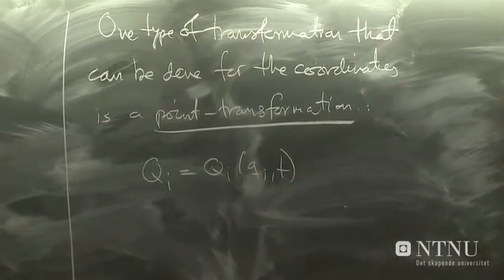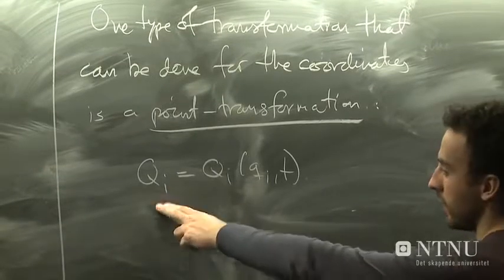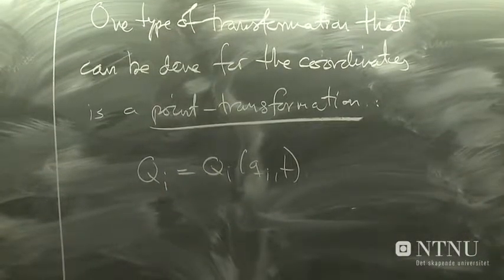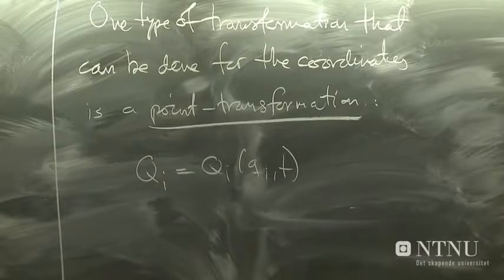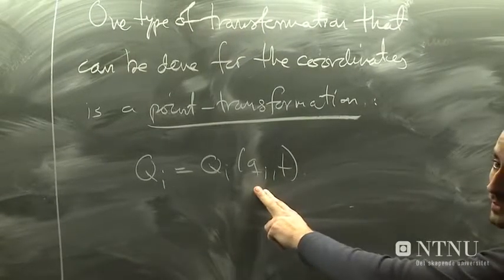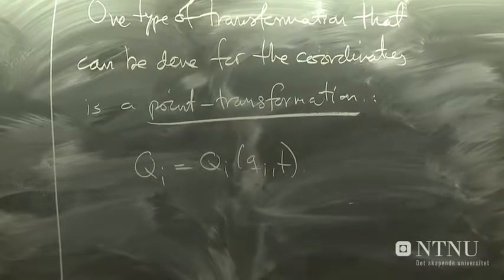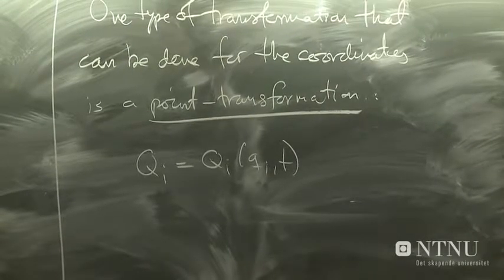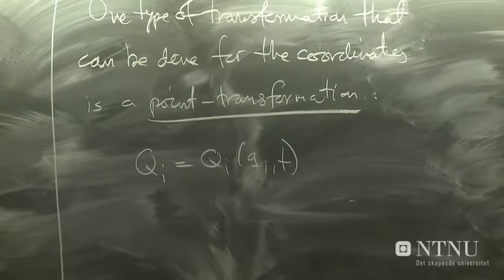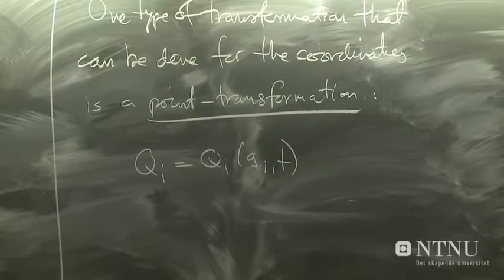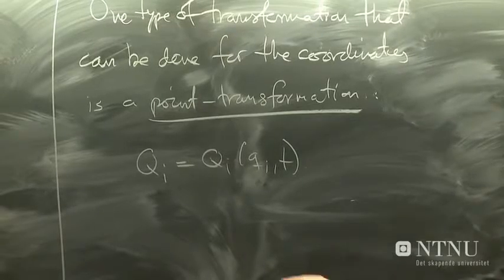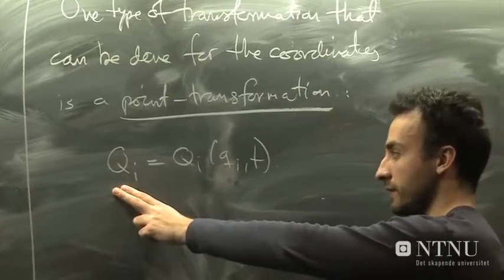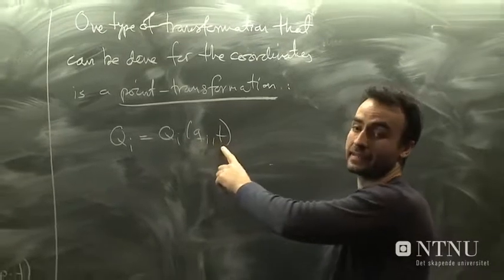And what this means is that we introduce a new set of these position coordinates, large Qi, which is a function of the old ones. Can you think of any example of a point transformation? Lorentz transformation? Absolutely. So in that case, we introduce a new set of coordinates, which are functions of the old ones and time, possibly.